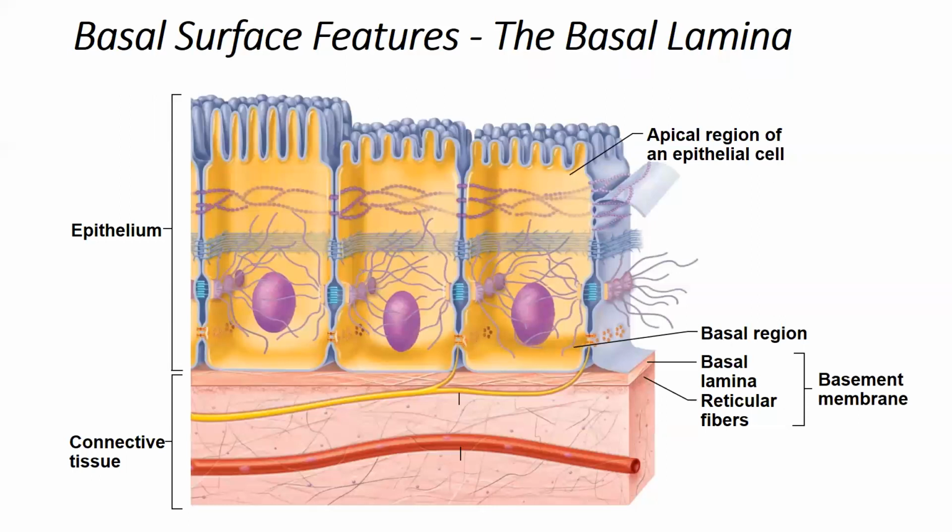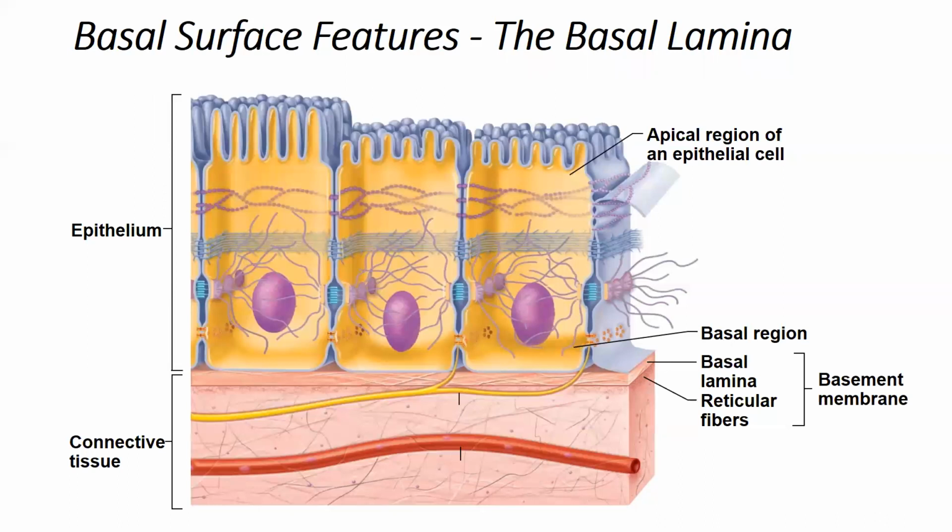And then these fibers, and this is the loose connective tissue underneath, that's providing blood and nutrients to the basal surface of the cell. Right? This tissue underneath has fibers in it. These are called reticular fibers. And these fibers are going to extend upward, come in contact with the basal lamina, and together, those two structures are the basement membrane.